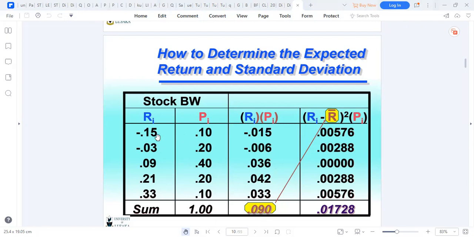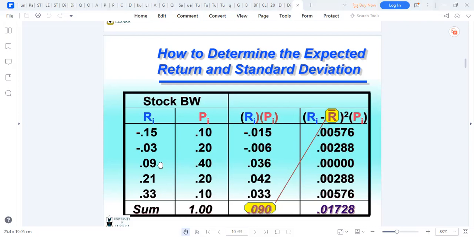So negative 15% minus 9%, we square it. Then we multiply it by 0.10. This is how the answer was calculated. Then how do we get this answer here? We subtract negative 0.3 minus 0.09, we square the answer, and we multiply by the probability of 0.20. So we get 0.0288.